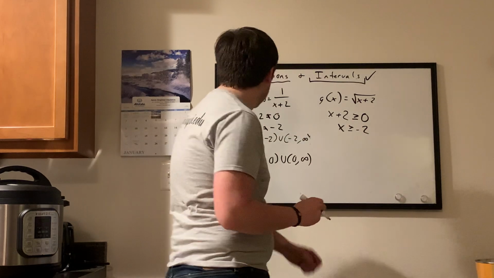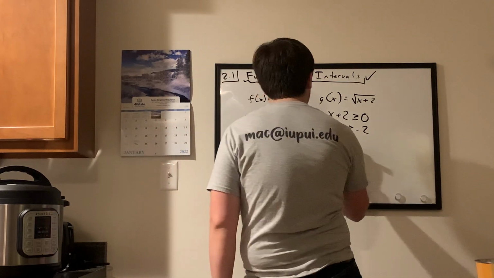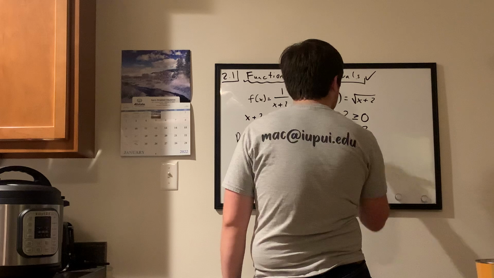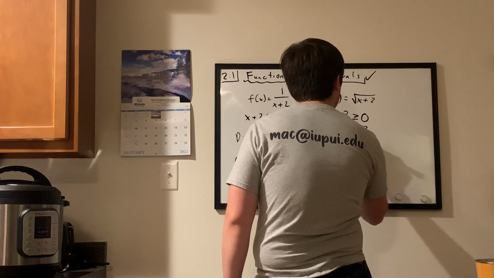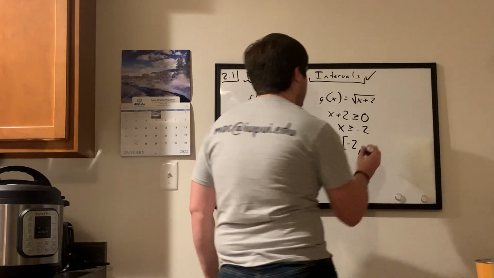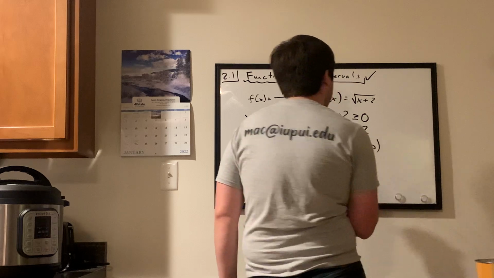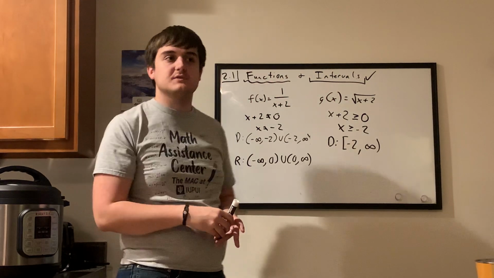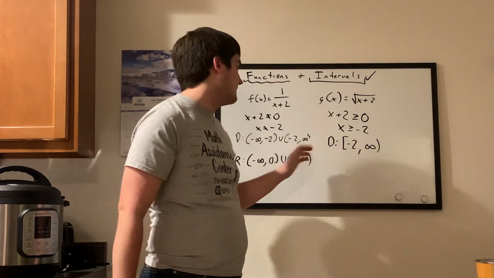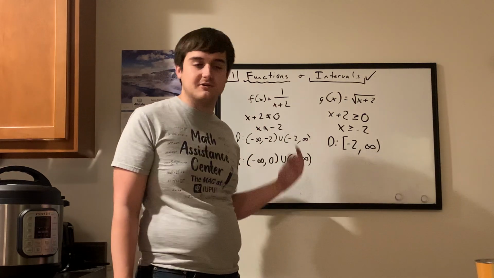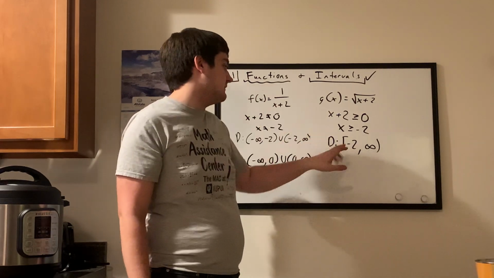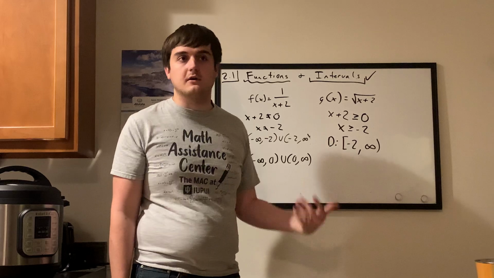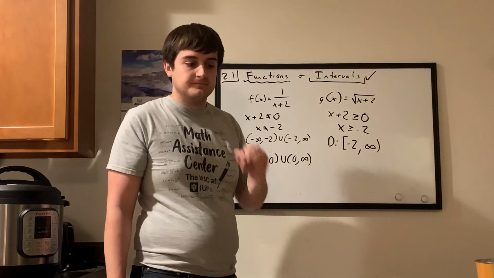How do I write this in interval notation? Well, I am going to take -2 and box it in and go to infinity, just as we saw on the last board with 0, using that same form that we saw earlier when we were talking about intervals.